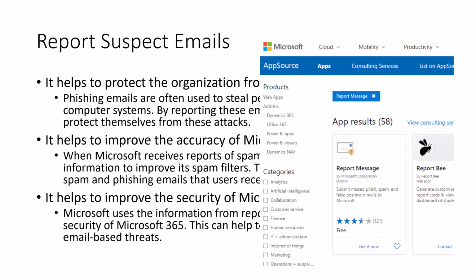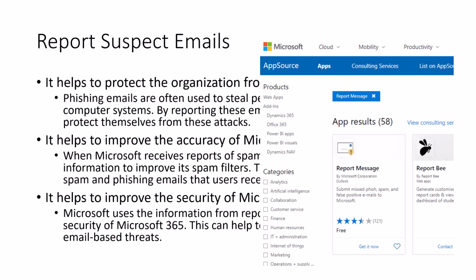Another great way, based on the awareness training that we have for the end users, is to also have them trained to report these suspect or suspicious emails back to us. So deploy the report message button from the Microsoft app source to Outlook, and that makes it available within Outlook, so the end users can easily click an email that they have received and then click this button within Outlook, and the email will then be reported back to the admins, where we can identify the email and set it maybe as a false positive.